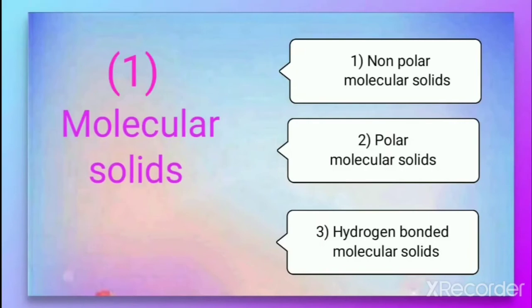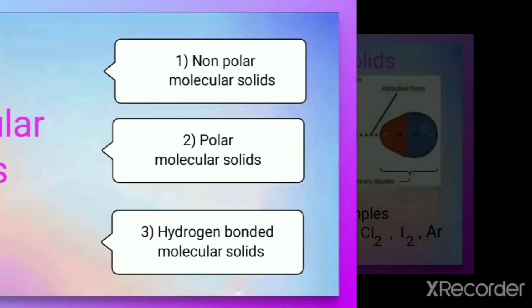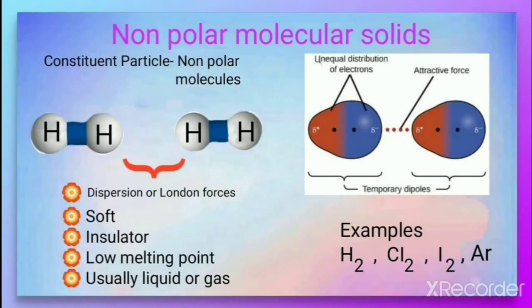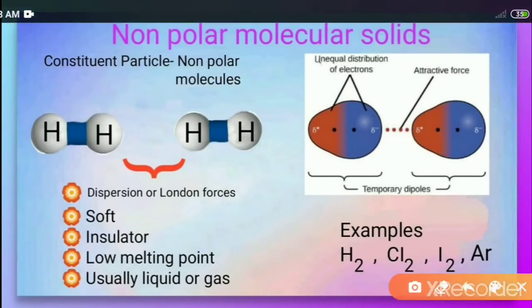Depending upon these, the molecular solids are further classified, first as non-polar molecular solids. As we discussed in plus 1, what are non-polar molecules? Let us take the example of hydrogen.